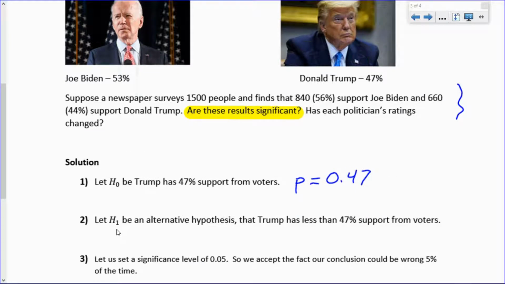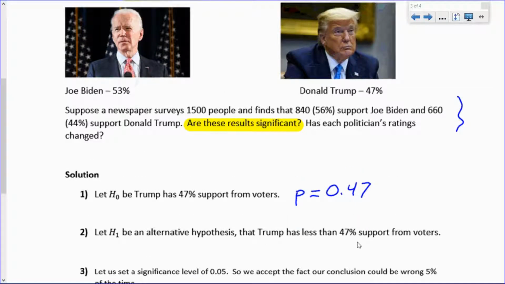Our alternative hypothesis is that Trump has less than 47%, so that the probability of someone supporting Trump is less than 0.47. And why are we doing that? Well, because we're testing this newspaper's new survey, which gives his support down to 44%.